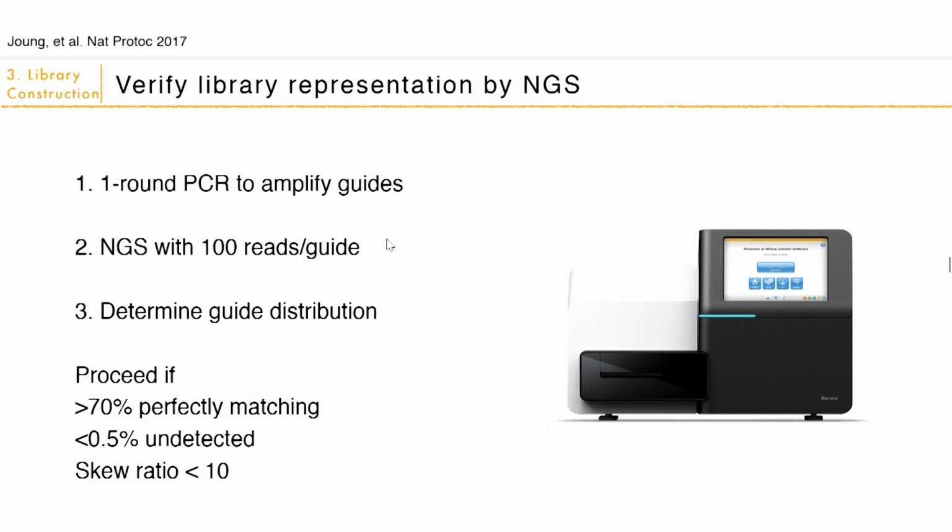And then based on the guide RNA distribution, if while you're preparing the library you've followed all the steps that we listed, and your oligo manufacturer is very good, then about 70% of the guides should be perfectly matching, with lower than 0.5% undetected. And the skew ratio here refers to the top 10% versus the bottom 10% of your reads, what that ratio is. So how skewed your library is.